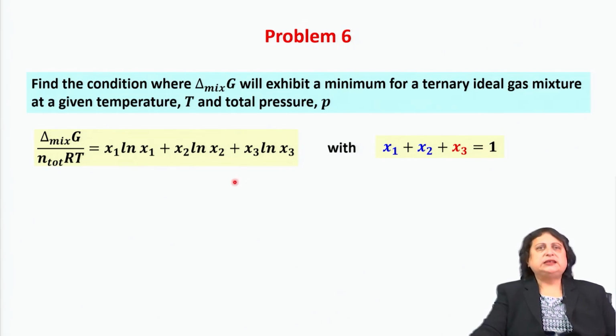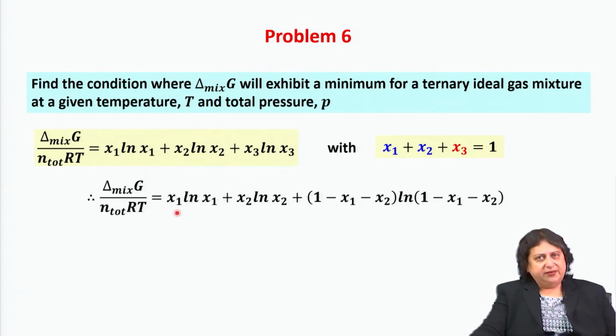When I write this down, I understand that there are only two variables which decide the free energy of mixing. These are x1 and x2. Once you have fixed x1 and x2, x3 is automatically fixed by this relationship.